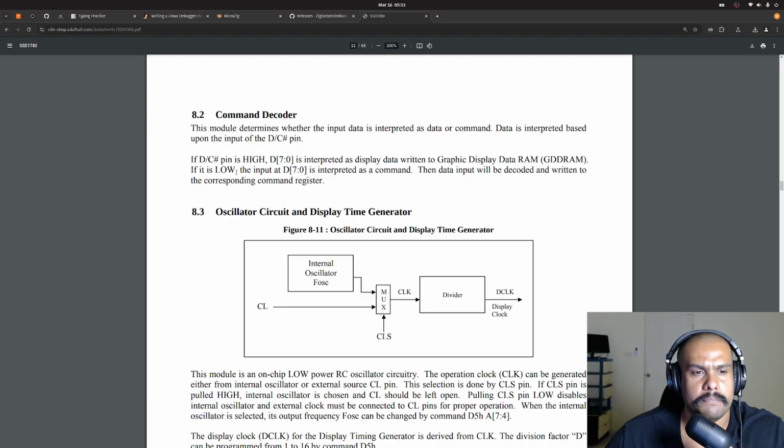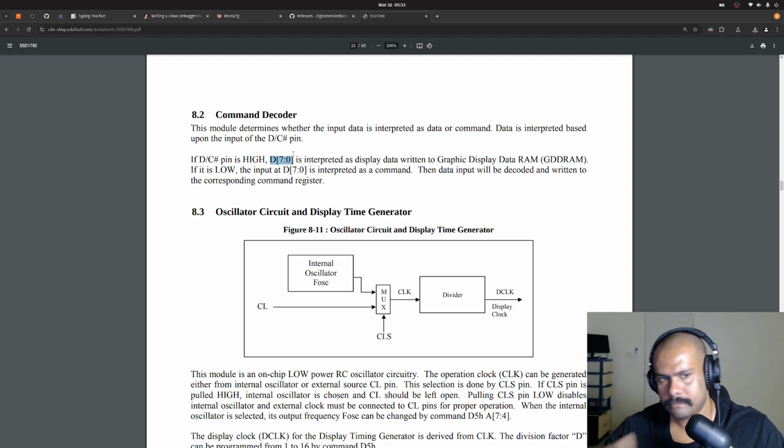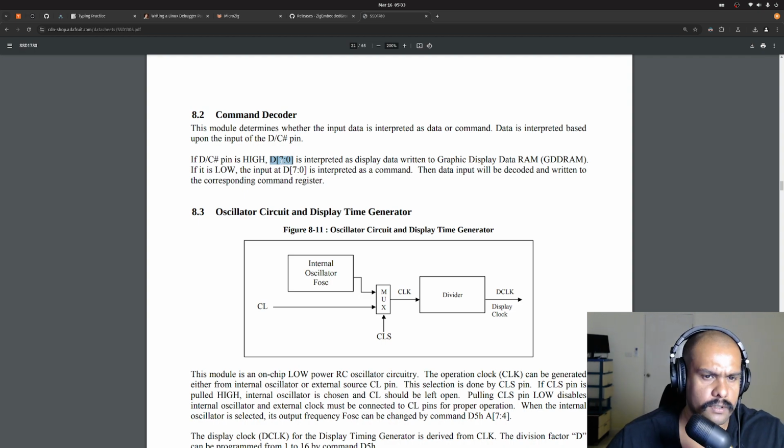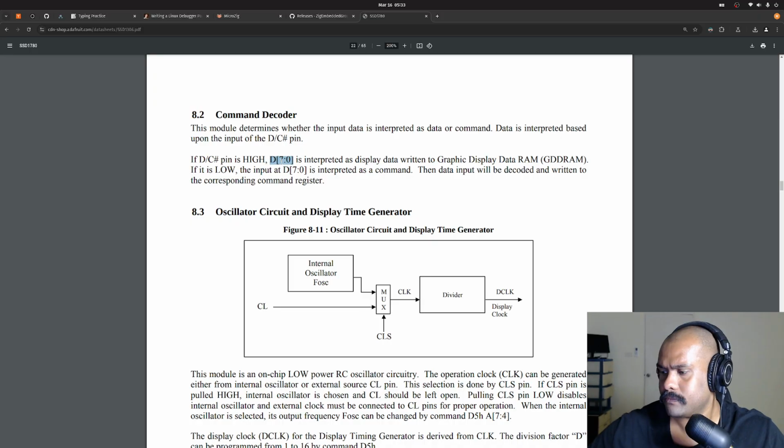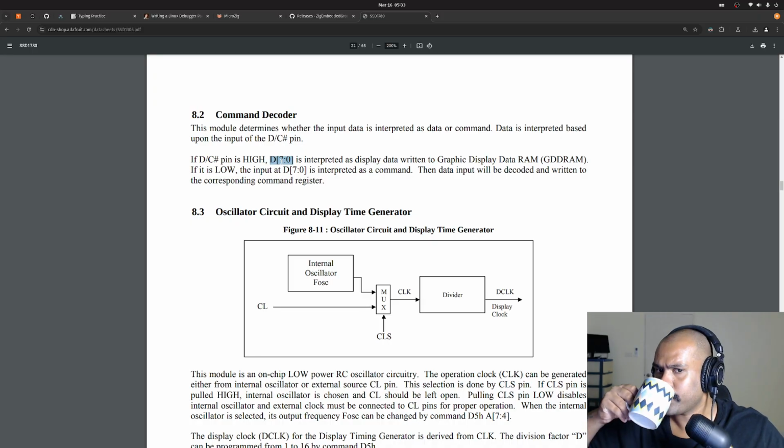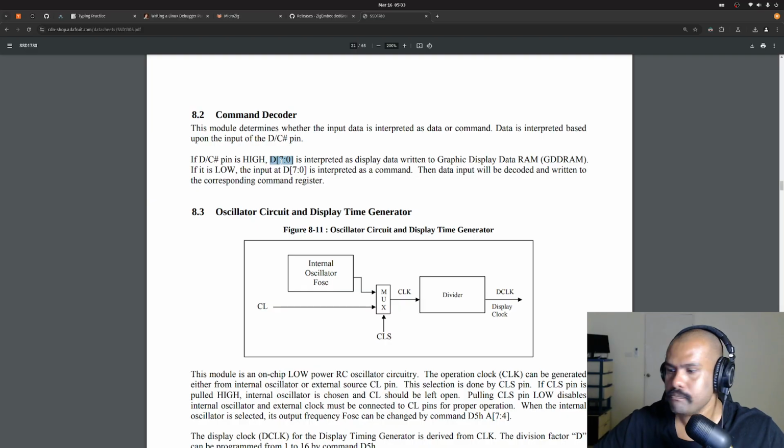If D/C# pin is high, bits 7 to 0 are interpreted as display data written to graphical display RAM.